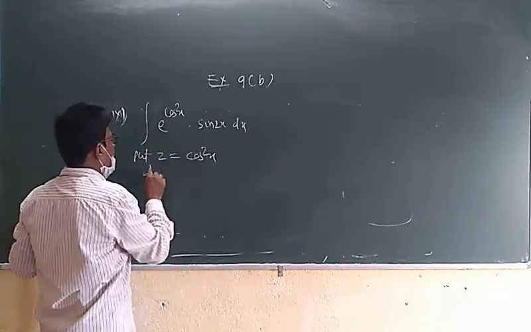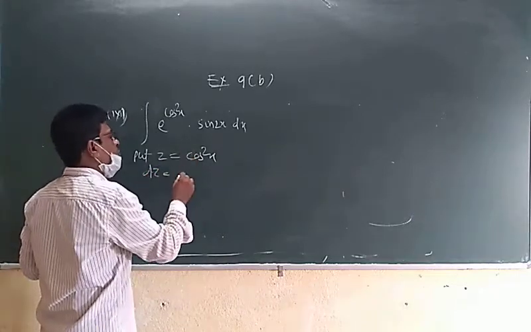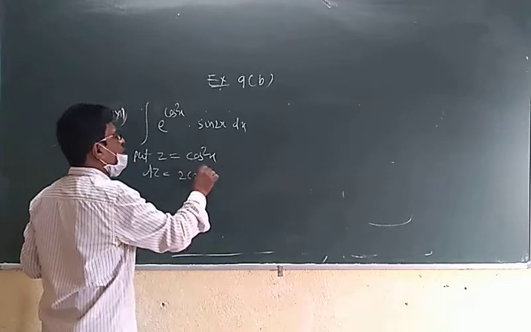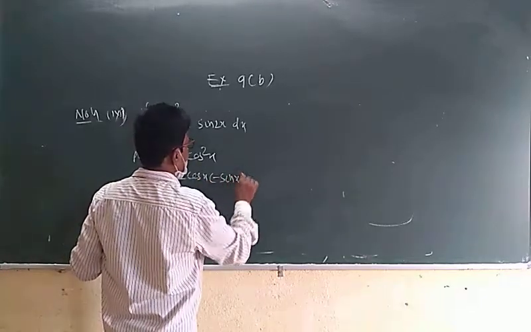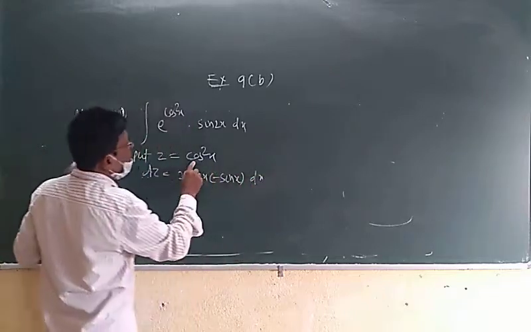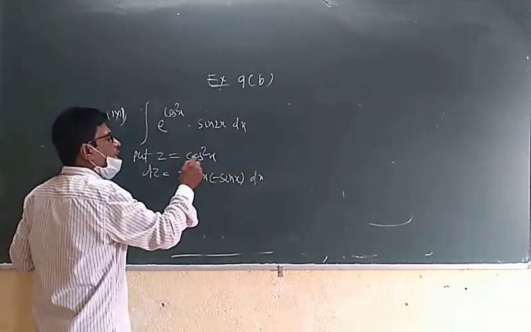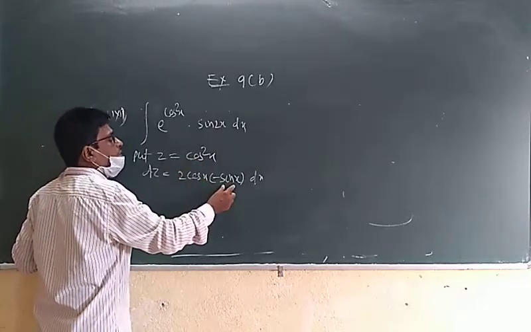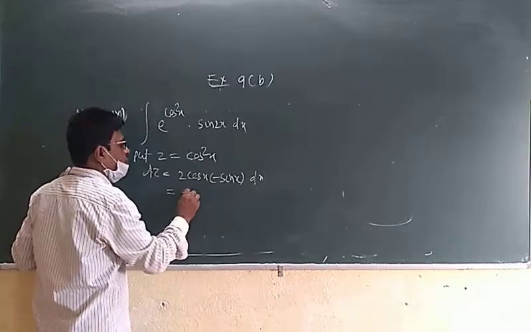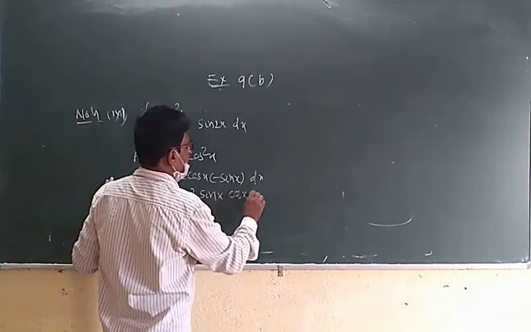Look, so dz, taking the derivative of cos square x: taking cos x equal to z, z square, the derivative is 2z, so 2 cos x, and using chain rule, the derivative of cos x is minus of sin x into dx. So minus of 2 sin x into cos x dx.